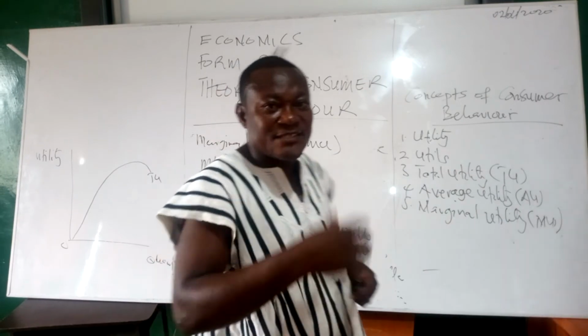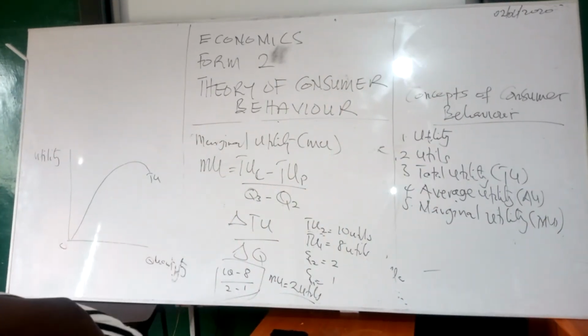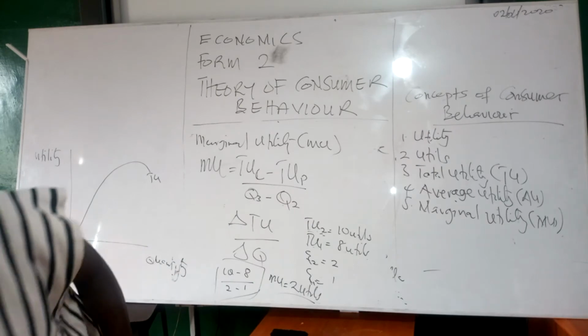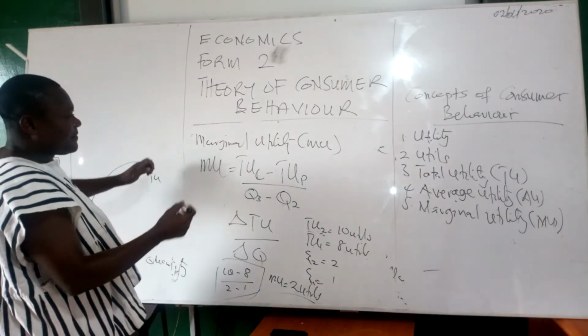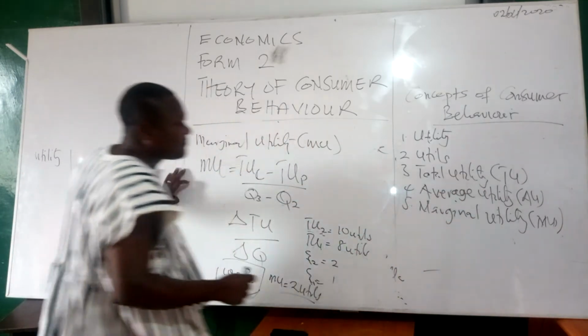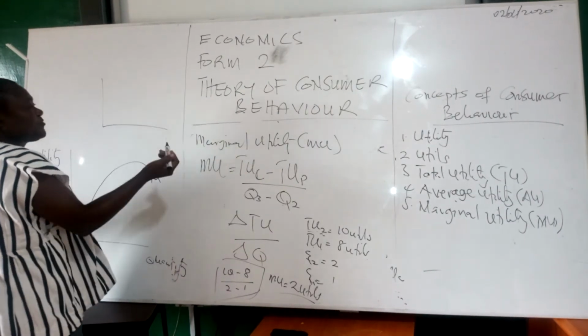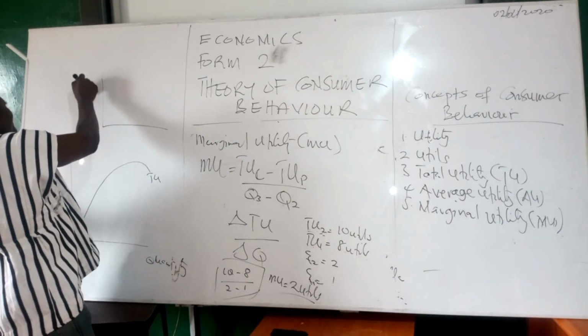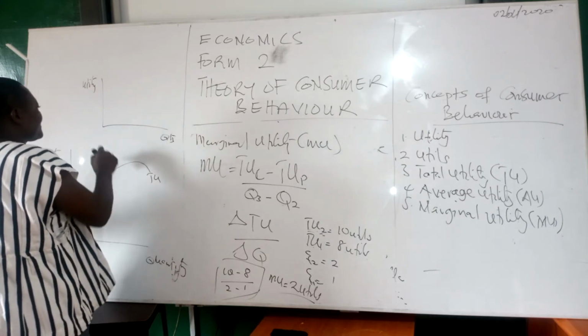Now let's do some illustrations. The curves for average utility: the same two axes, the utility here and then the quantity here.